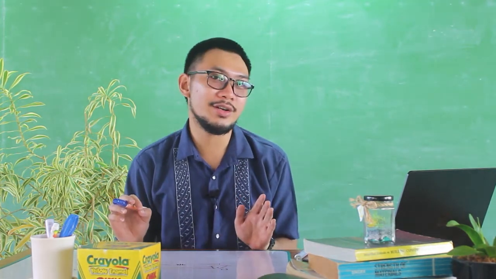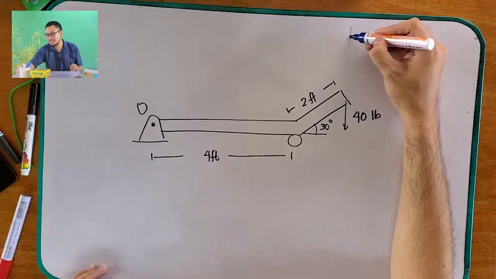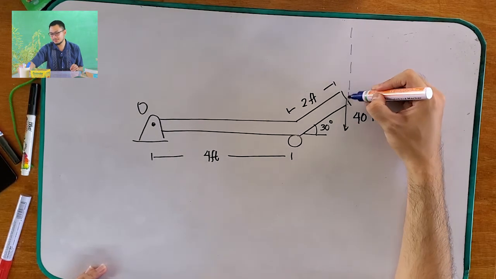What are the requirements for our moment? Your force and your perpendicular distance. To get your perpendicular distance, you have to find the perpendicular distance. And what do we need for that? The direction of the force. This is the direction of your force.